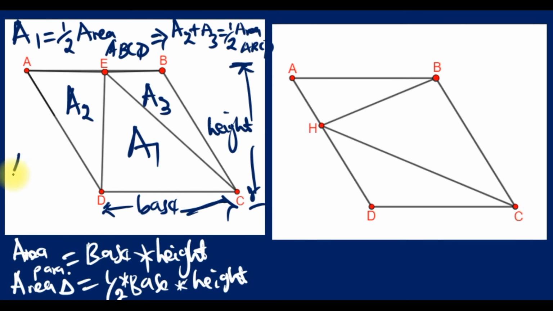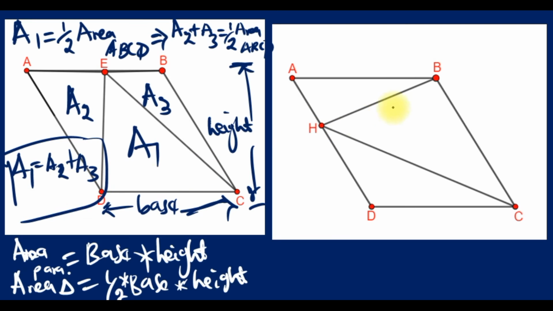So I'm saying that A1 is the same thing as A2 plus A3. So we need to know this. That likewise this, the same A1, A2, A3, so that A1 is A2 plus A3.